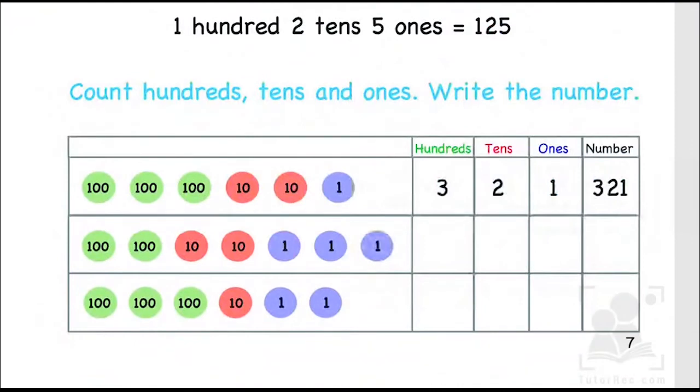Similarly, what we have to do here, we have to count hundreds, tens and ones and write the number. Hundreds, 2 hundreds, 2 tens, and 1, 2 and 3 ones.